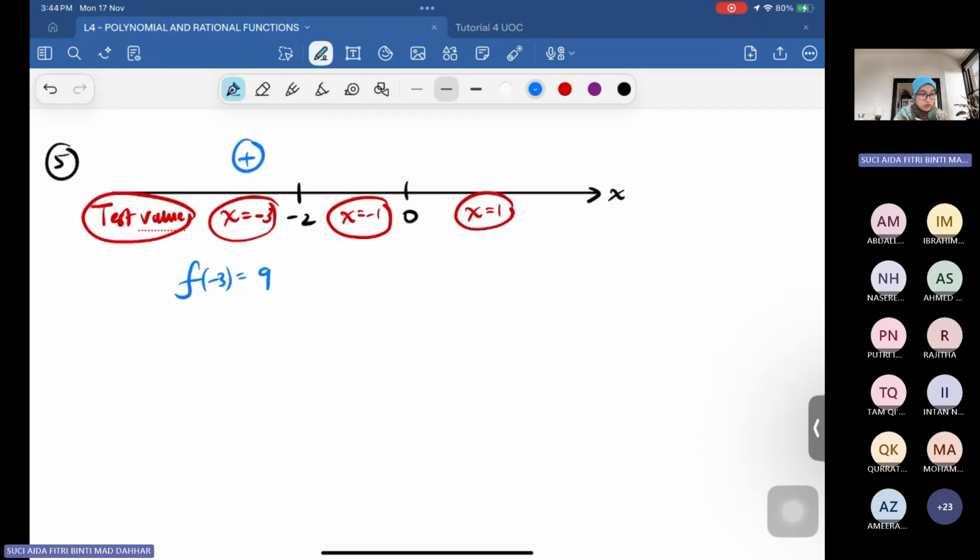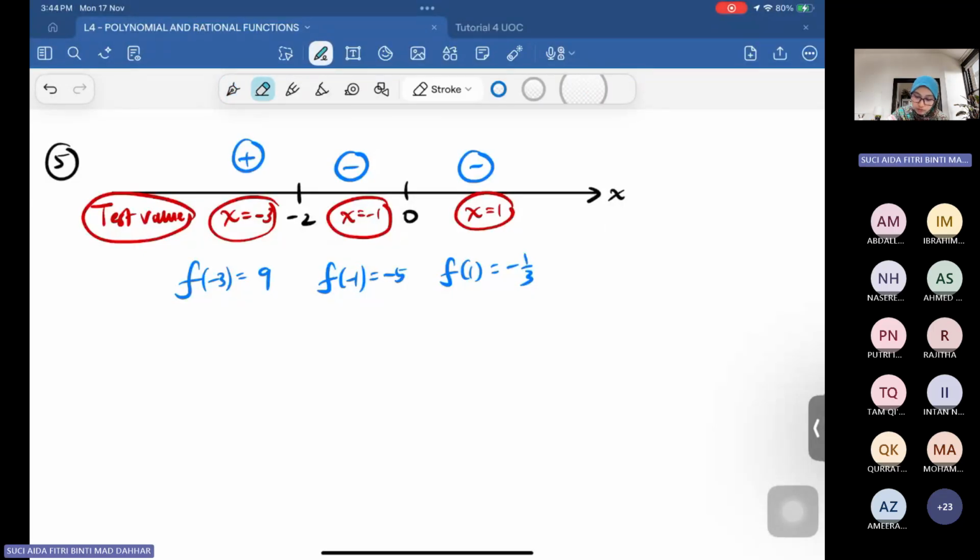Now change the test value to negative 1. So f of negative 1, I got negative 5. So it's negative here. And then the next test value is 1. So calculate 1, I got negative 1/5. So it is negative here now. Okay, we've got the signs.